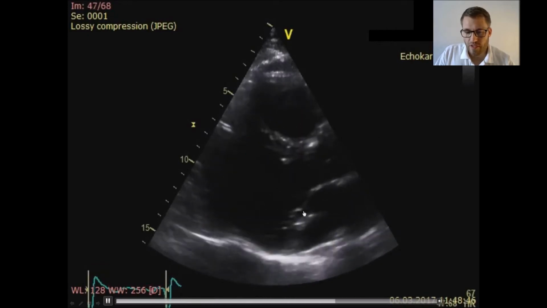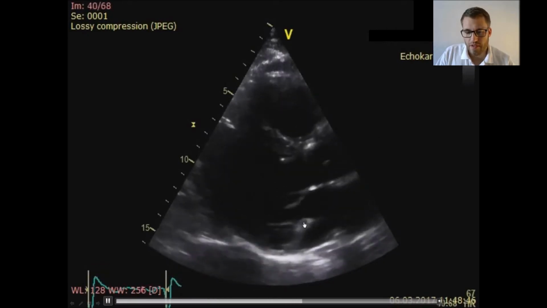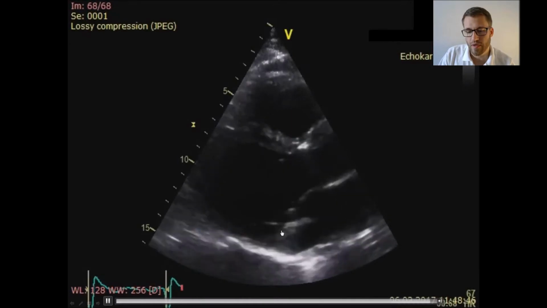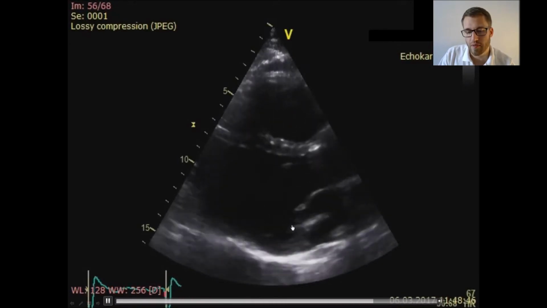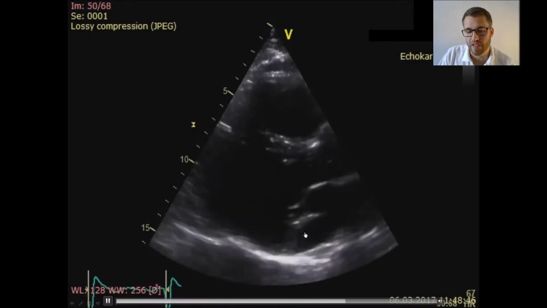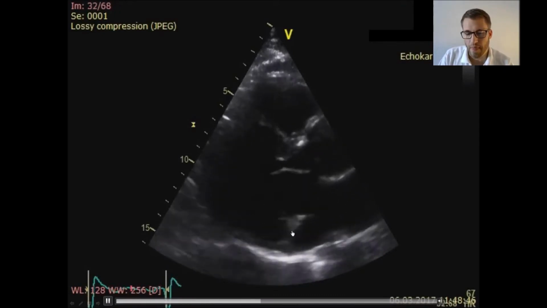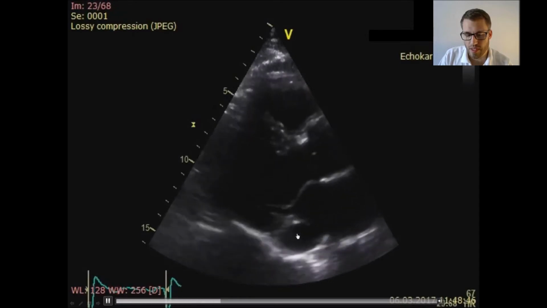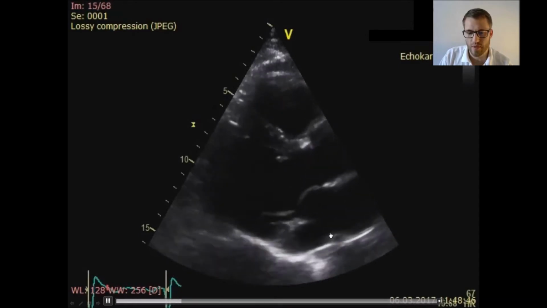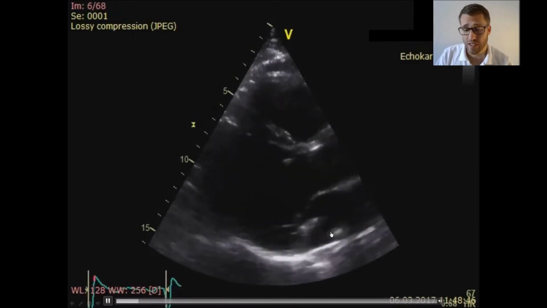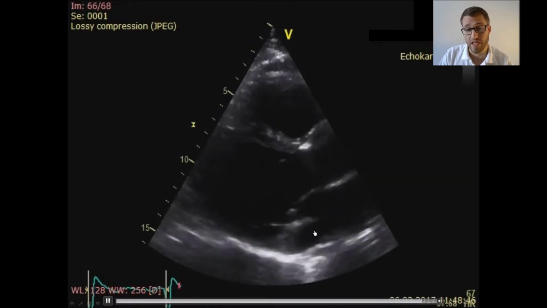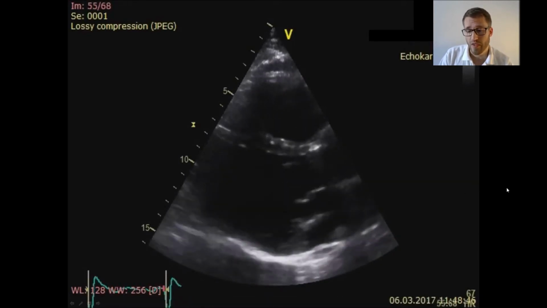I told you in the first video that this structure down here, directly underneath the posterior mitral valve leaflet, looks somehow strange. Is it a PML sclerosis or something else? We know the patient had a lead infection. Could this be an abscedation maybe? Or what do you think this is?